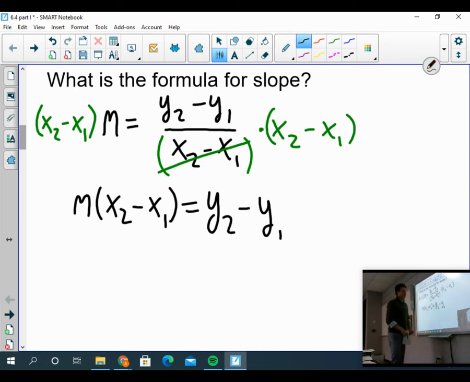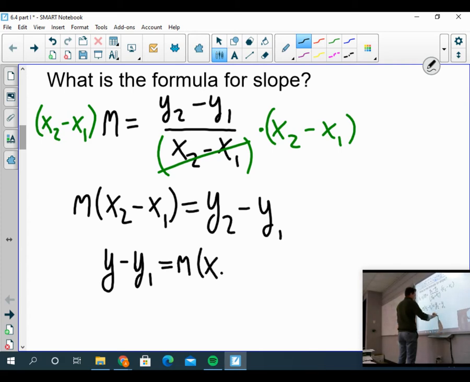But this formula that we're going to learn about today is the formula we're going to use for when we have the situations where we have a point and a slope. Okay?